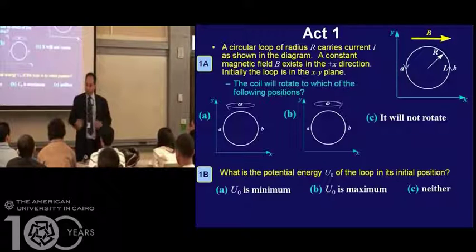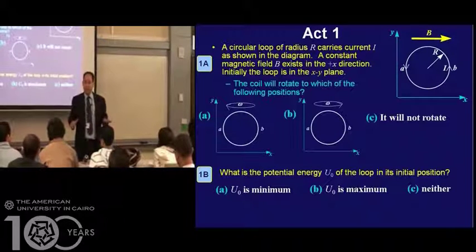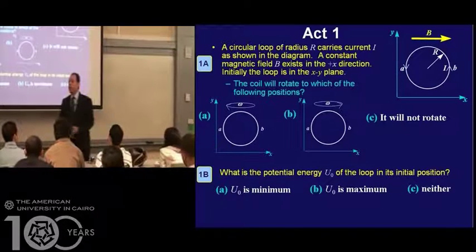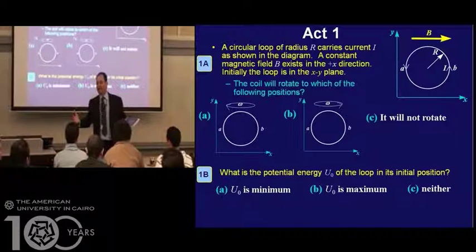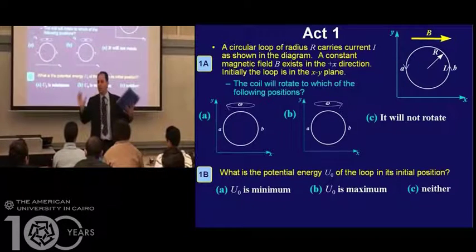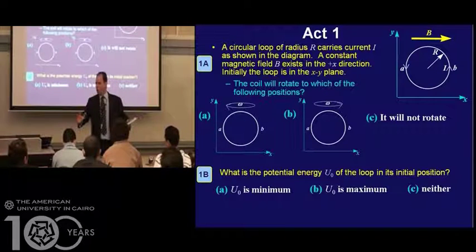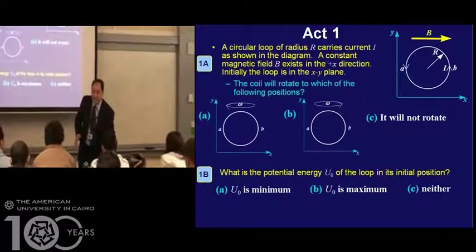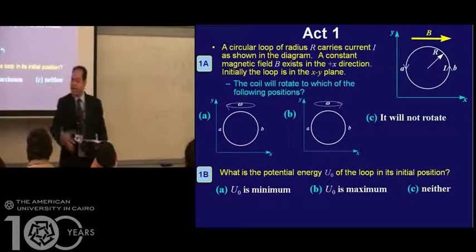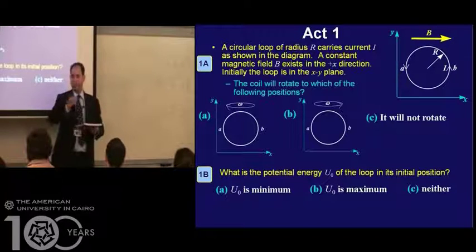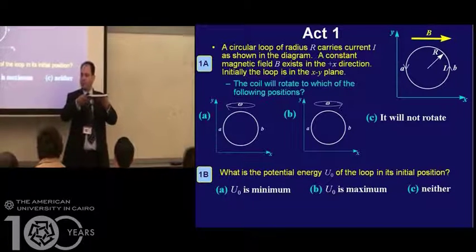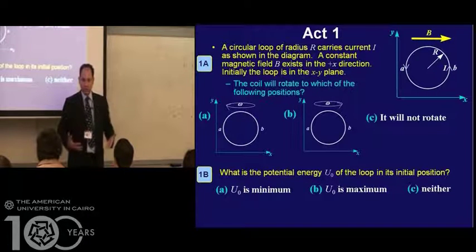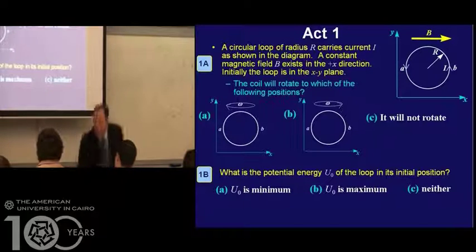So you have to specify what your zero is, but obviously your zero is not the minimum, simply because we have agreed also that all objects would love to minimize their energy. They always go to the lowest potential energy. That's why when you leave this, it falls to the floor, the minimum potential energy, not the zero.